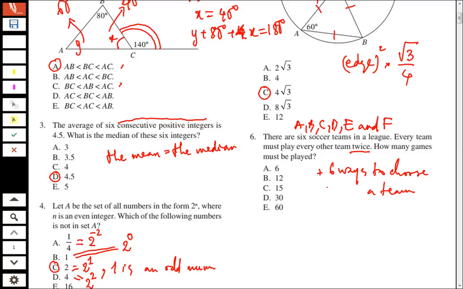Of course, we have 5 ways to choose another team.